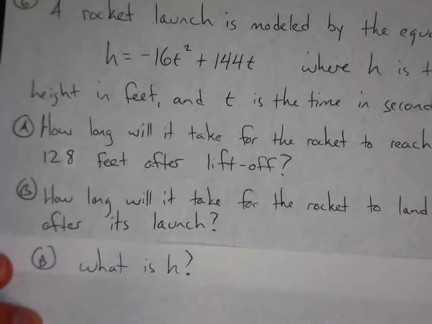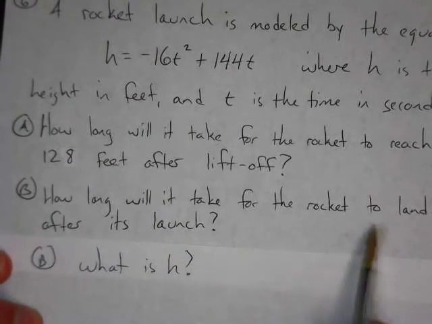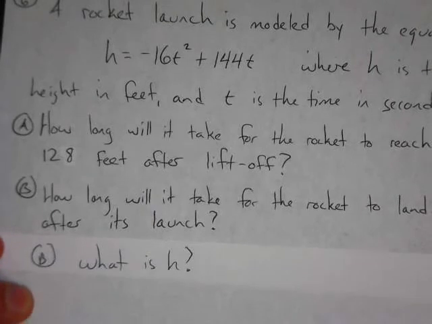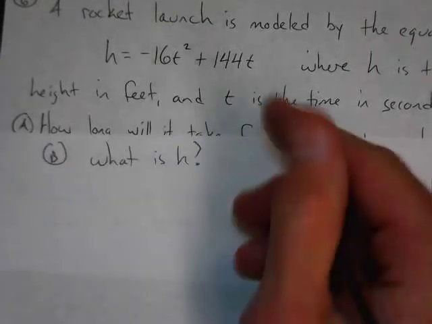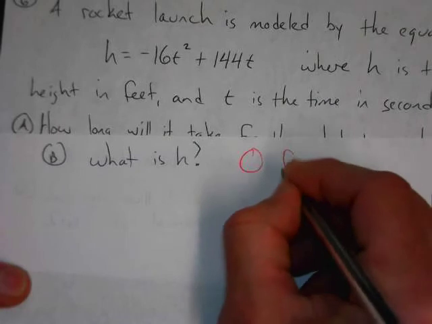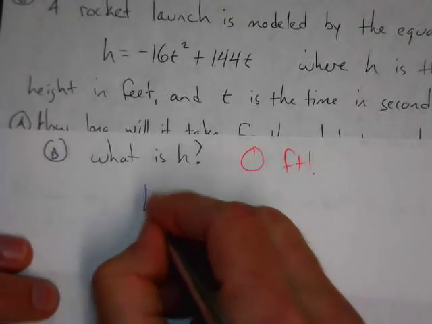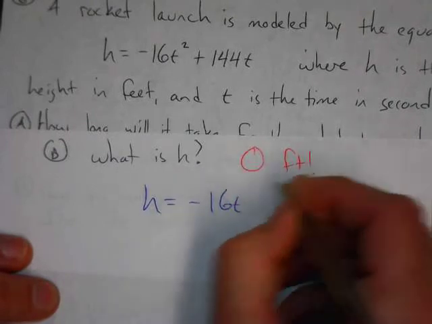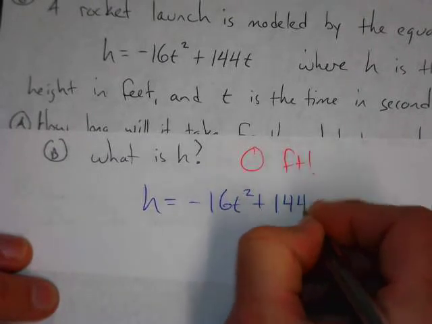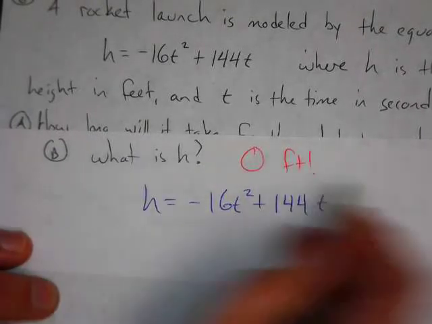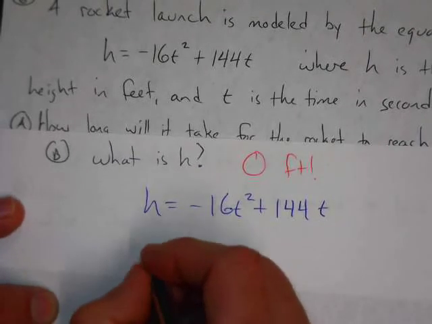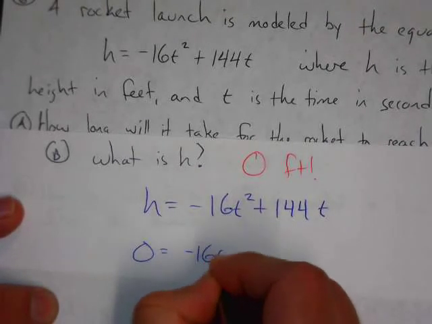If I'm asking for how long it will take for the rocket to land, guess what h is? Hopefully you guessed by now. It's 0. So for our model, h is equal to negative 16t squared plus 144t. In question B, h is now set to 0.